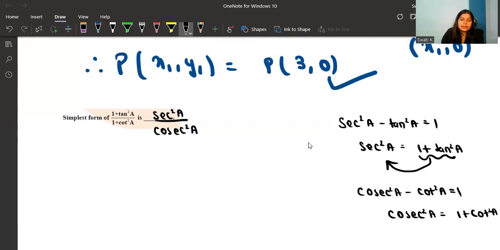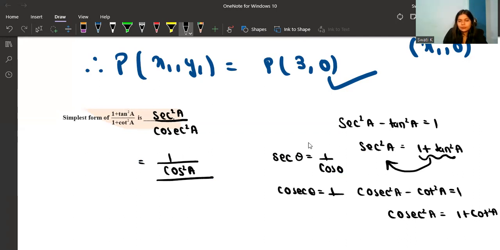Now, sec square A. In terms of cos and sine, we know that sec theta is 1 by cos theta, right? So this will become 1 by cos square A divided by cosec square A. We know that cosec theta is 1 by sine theta, so cosec square A will become 1 by sine square A. Now this is nothing but 1 upon cos square A divided by 1 by sine square A. And you know how to solve this.